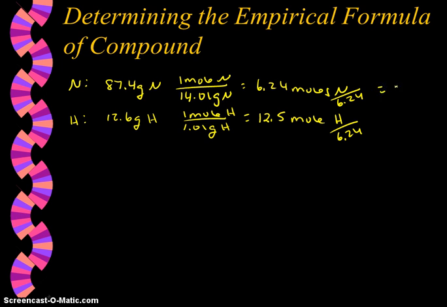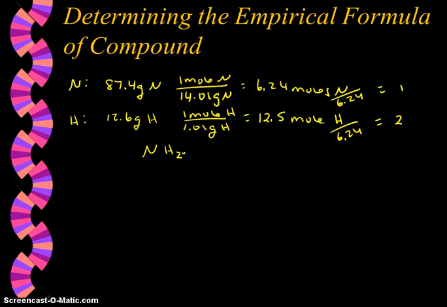That's going to give us a 1 to 2 mole ratio of nitrogen to hydrogen, and that's our simplest whole number ratio. So our empirical formula is N1, which we'll assume, H2.